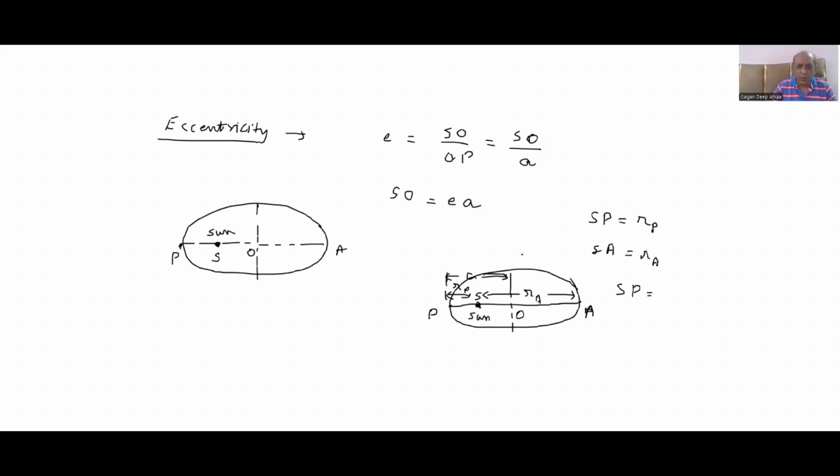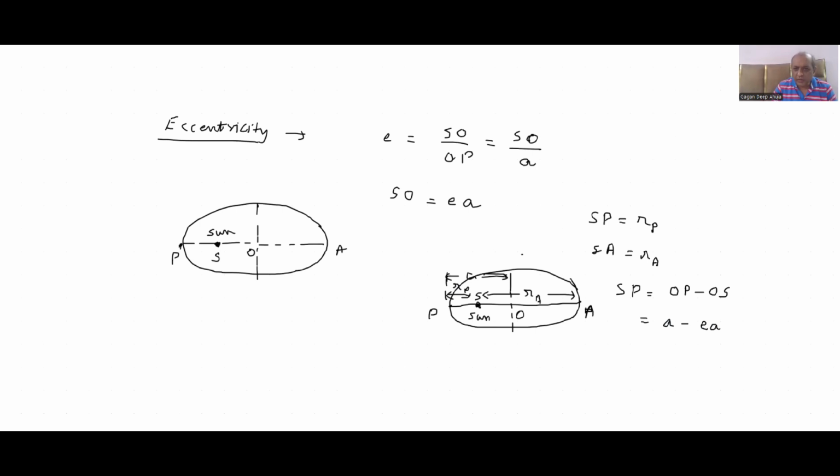It will be equal to OP minus OS. So OP minus OS, right? OP is equal to A, semi-major axis. So A minus OS means SO, which is EA. So A minus EA. This is SP.